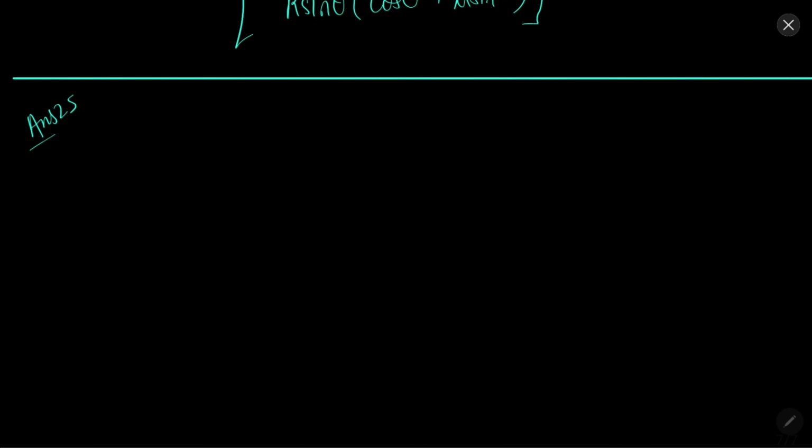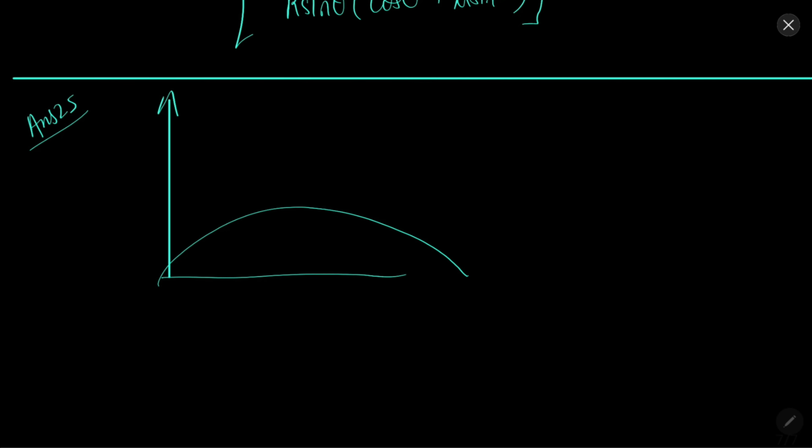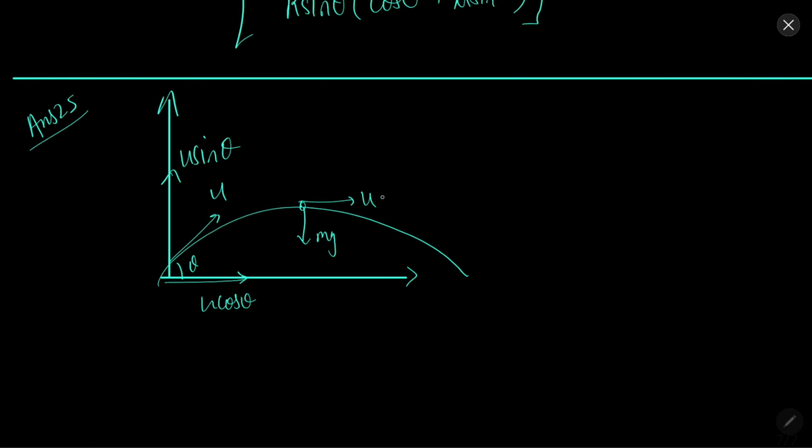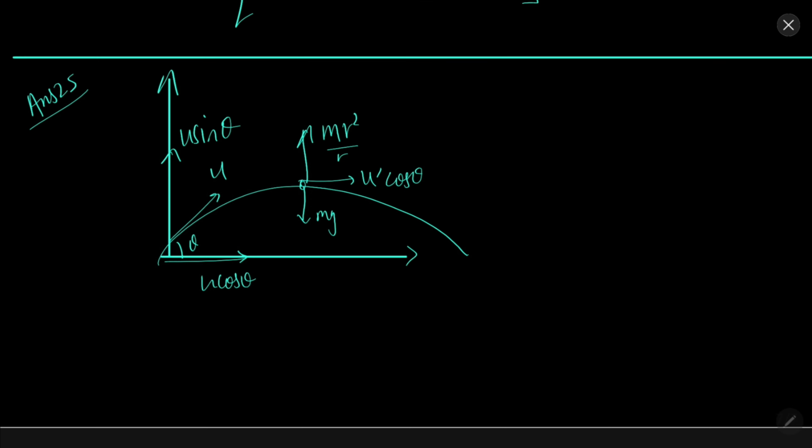So 25th, projected like this. u sin theta, obviously this is u and this is theta, so this will be u cos theta. At this point mg, u dash cos theta, m v square over r.